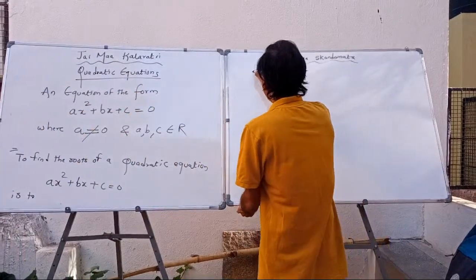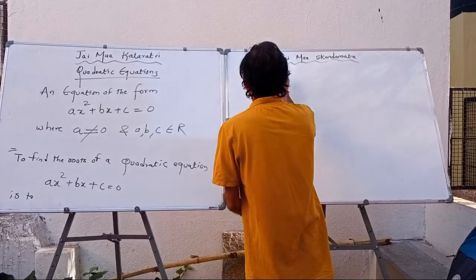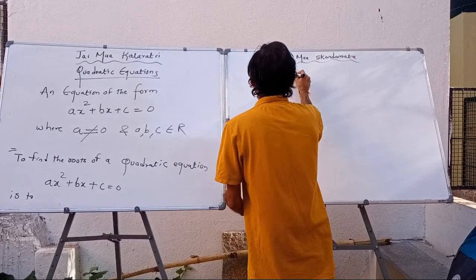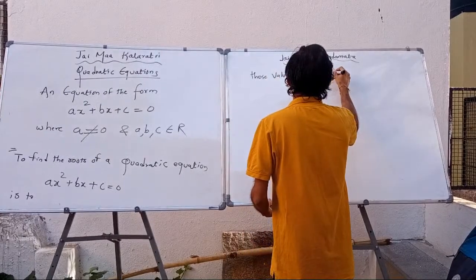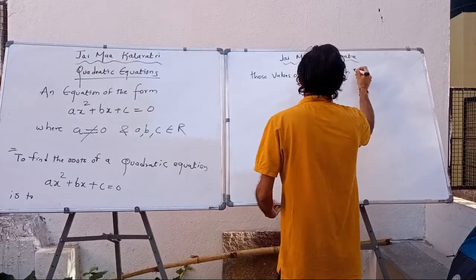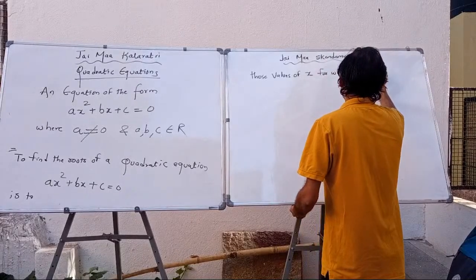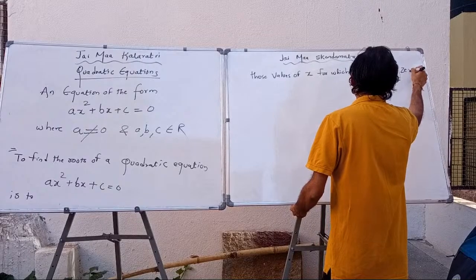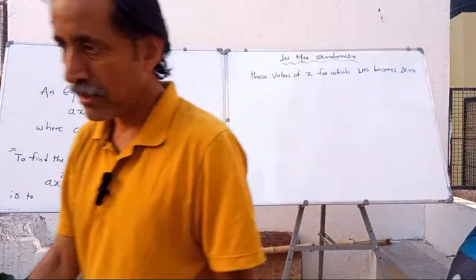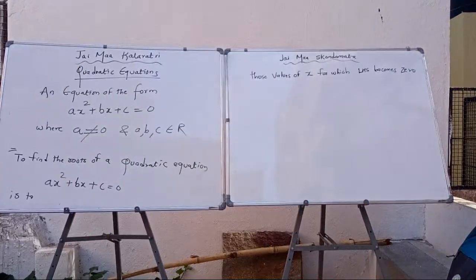You have to find those values of x for which LHS becomes 0. I hope the 0 can be seen on the screen.